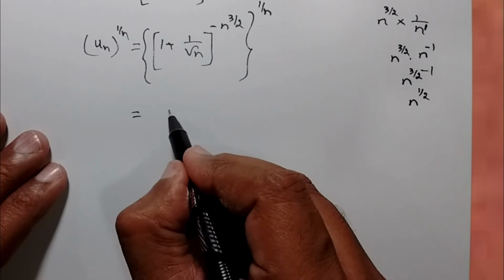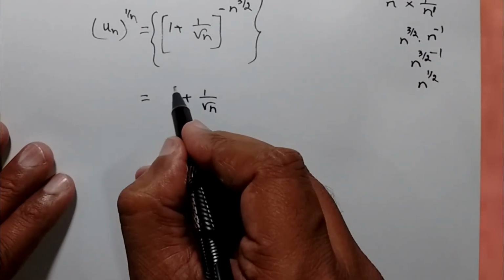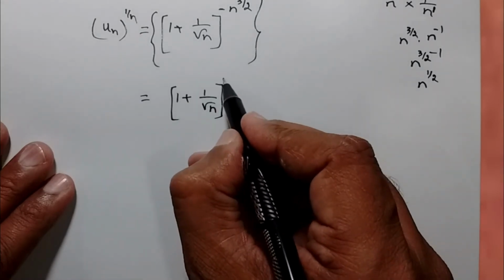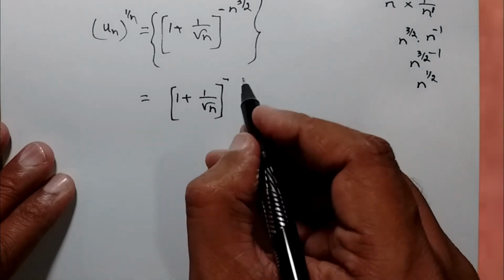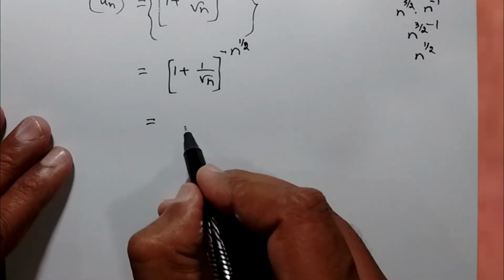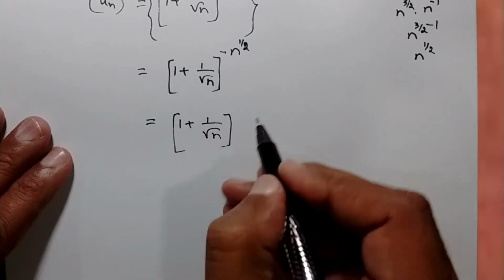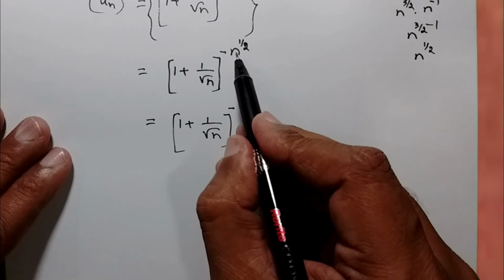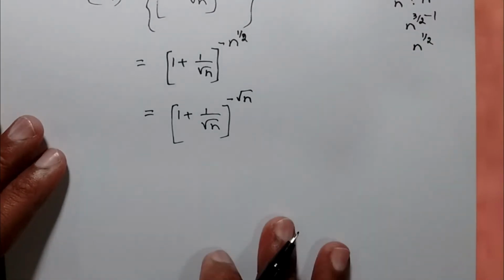So if I rewrite, this becomes 1 plus 1 by root of n to the power of, negative sign will be as it is. So n power of 3 by 2 into 1 by n, we have calculated that value to be n power of 1 by 2. Or you can write 1 plus 1 by root of n to the power of minus, this n power of half represents root, so root of n.